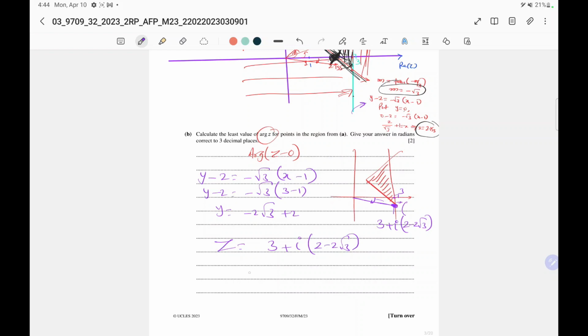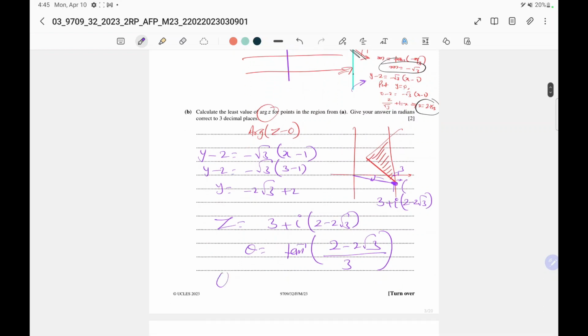Theta will be tan inverse of (2 minus 2 root 3) over 3, and then we have to use a calculator. After using the calculator, your theta will be minus 0.454 radians. This angle will be the least angle, so according to me, this should be the answer.